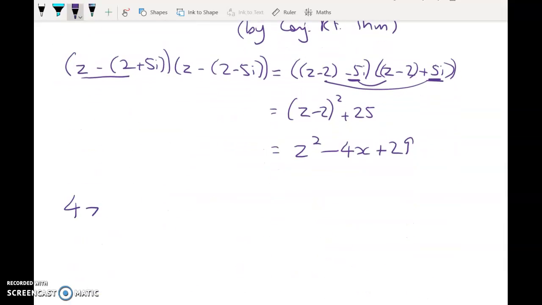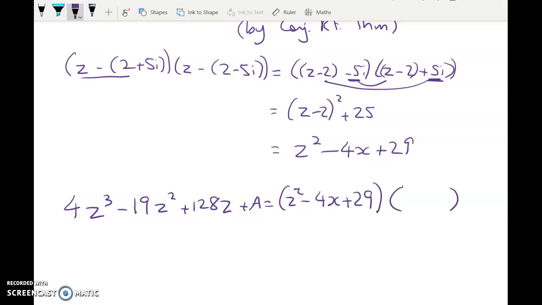Now looking back at what we've got, we're going to take this and figure out the linear factor. So 4z cubed minus 19z squared plus 128z plus a is equal to z squared minus 4z plus 29 times something. Let's just look at doing the something by matching. We've got to get 4z cubed, so this has to be 4z. We don't know what this is, which is a bit of a pain, but we can match up. Oh, I've got an x in there instead of a z, let's just fix that.